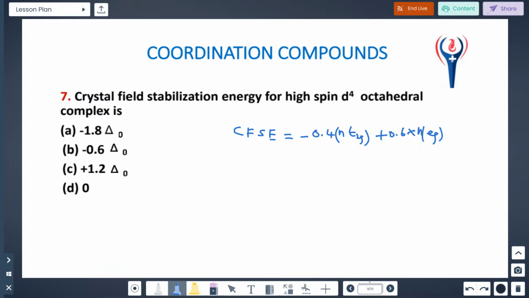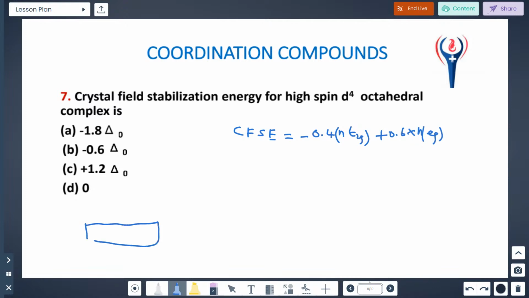Correct or not? Okay, right. It's a formula. High spin means ligands are weak. Okay, so high spin means how to fill up this one.